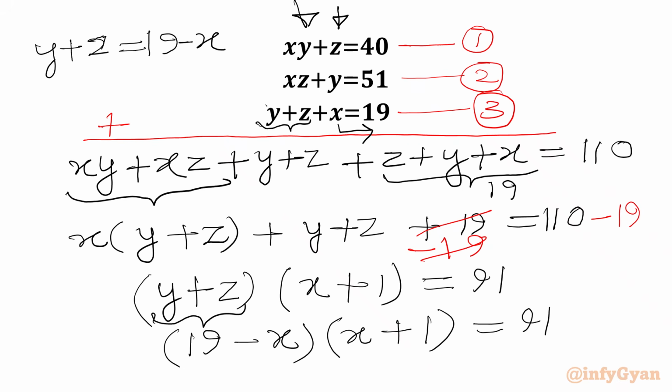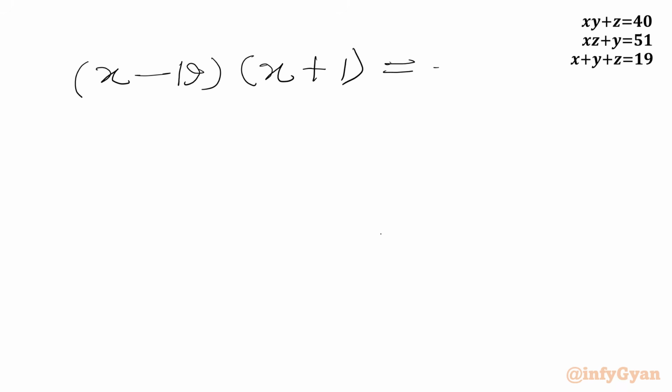Now I will multiply both sides by -1. Now this -1 we will multiply to this bracket 19 minus X. We will get X minus 19 times X plus 1 equal to 91 times -1, minus 91.